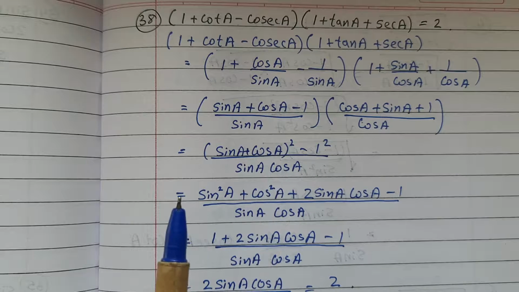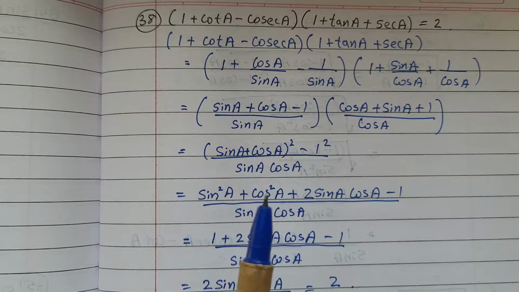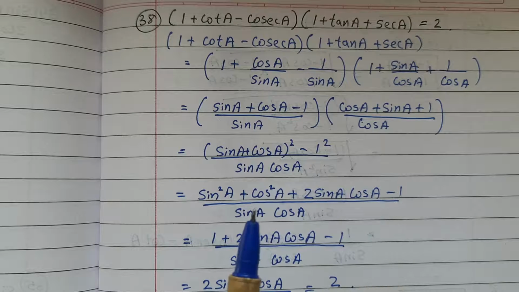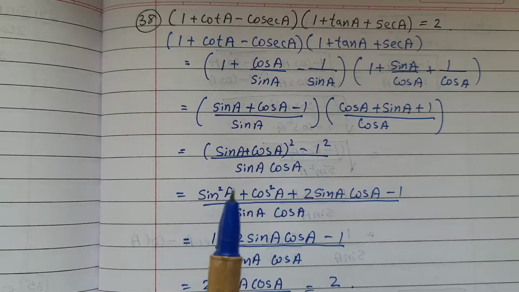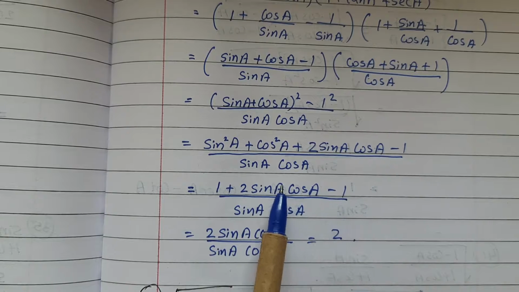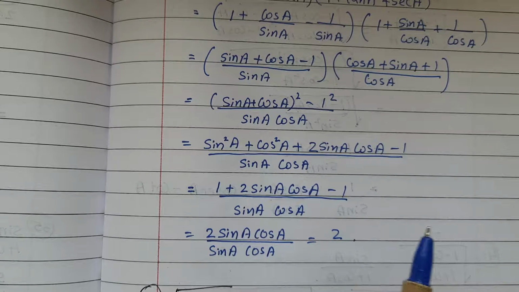Open the bracket: sin square a plus cos square a plus 2 sin a cos a minus 1 upon sin a cos a. Sin square a plus cos square a is 1, so 1 plus 2 sin a cos a minus 1 upon sin a cos a. 1 minus 1 is 0. Remaining is 2 sin a cos a upon sin a cos a. Sin a cos a cancel each other, equal to 2, equal to the right hand side.